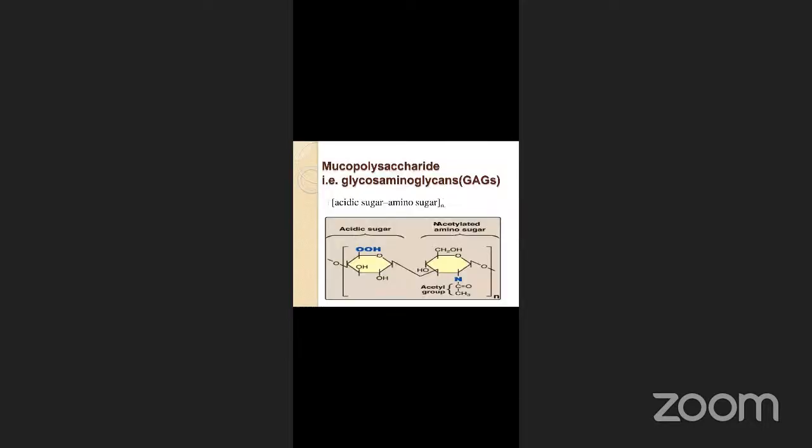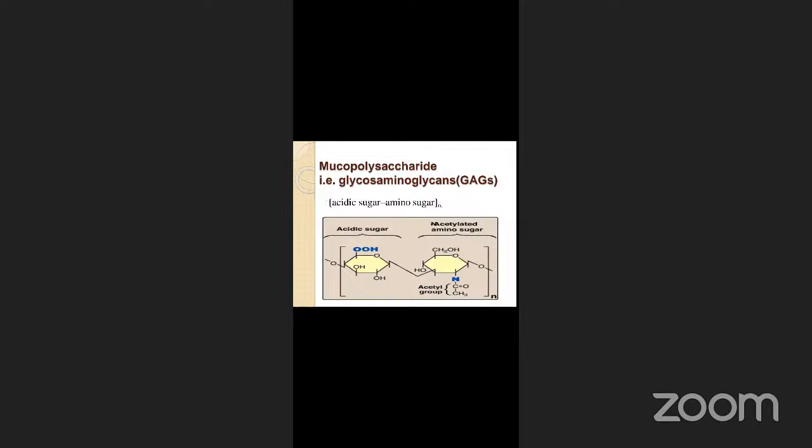Then mucopolysaccharides are glycosaminoglycans. They are acidic sugar and amine sugar forming a polymer. They have a large amount of negative charge, so they extend in the solution and repel each other when we add water.